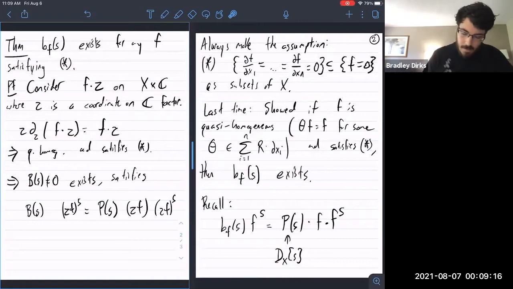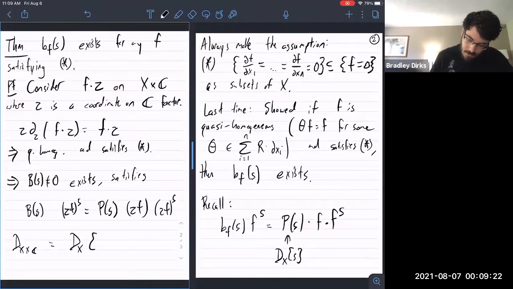Like if we looked at D of X cross C, this is really just like D_X adjoin z and dz, in the way that these two commute with each other.